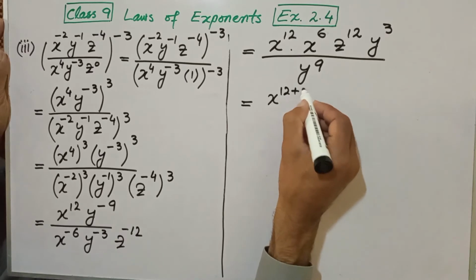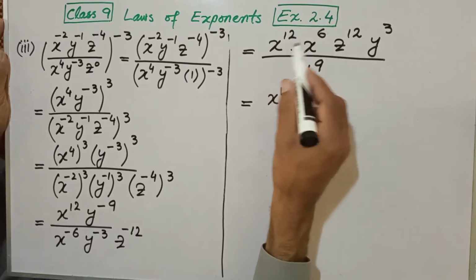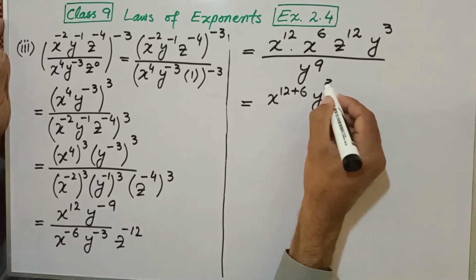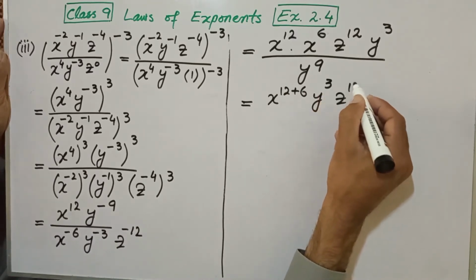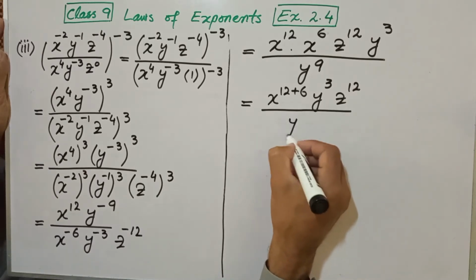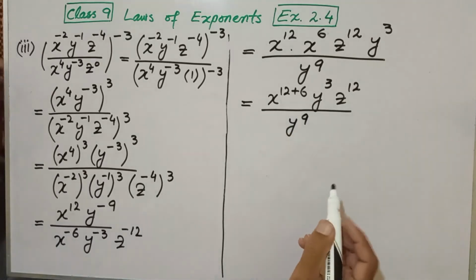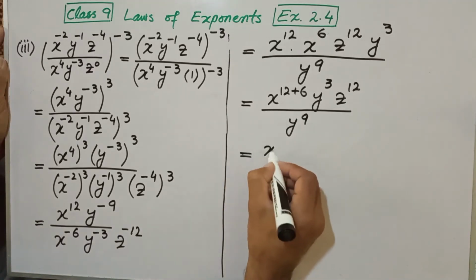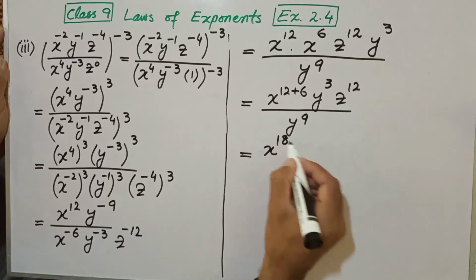When the bases are same, the powers are added. Then y cube z power 12 divided by y power 9. 12 plus 6 is 18.